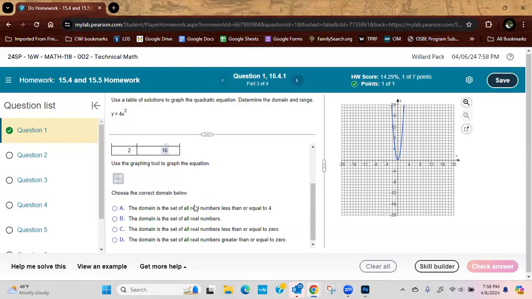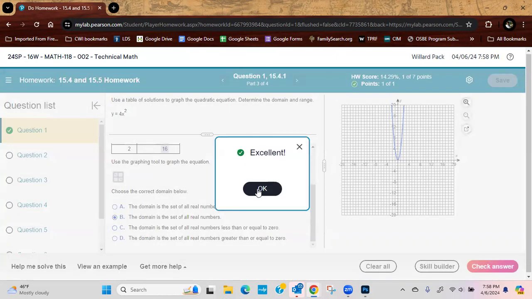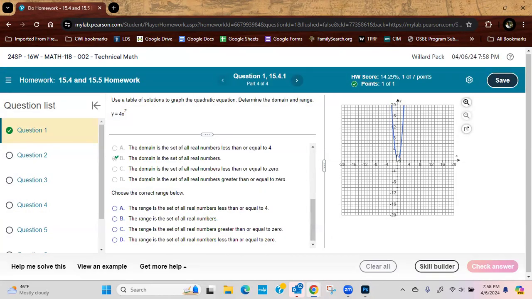And now it will ask me for the domain. As I said before, the domain of these will be all real numbers when it's the x squared. So I can just select that and check my answer. The graph shows it. We can't think of an x value we could plug in that will break it. So that's true. Now, looking at the graph, we want the range. Notice this graph starts at the x-axis, where y equals 0, and it goes up towards the positive numbers.